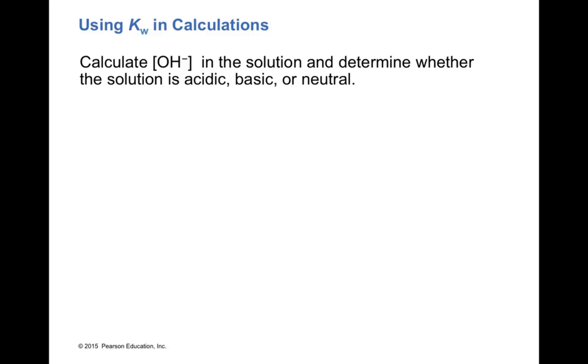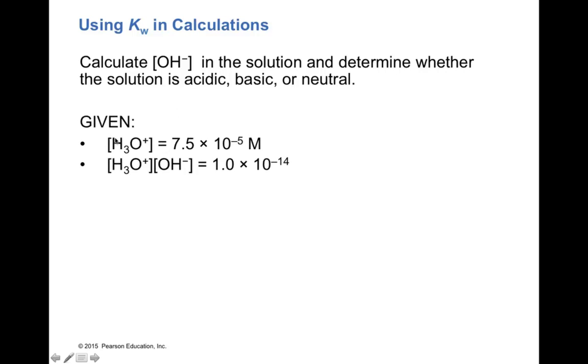And we know that Kw is 1.0 times 10 to the power of minus 14. So if we want to calculate the OH, we need to know the concentration of H3O. And here we have the concentration of hydronium, 7.5 times 10 to the power of minus 5 molar. This is Kw. We know this value, so we can determine this value.